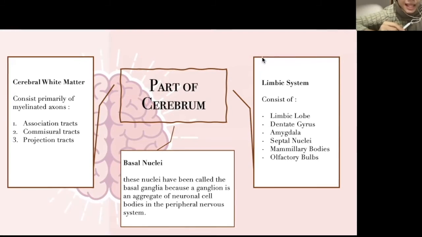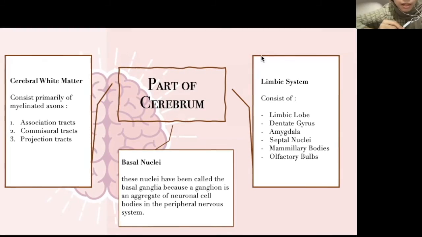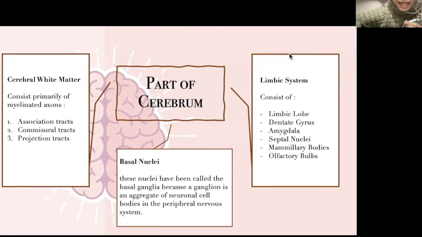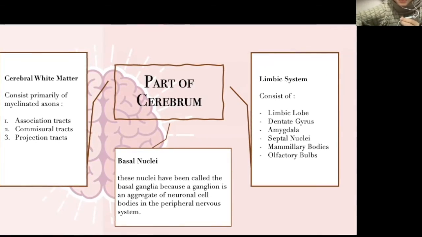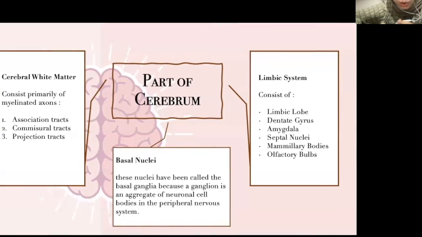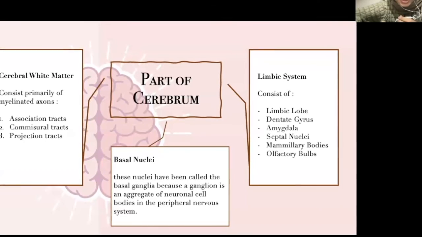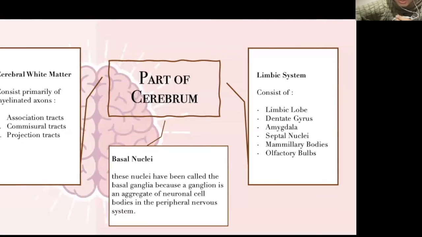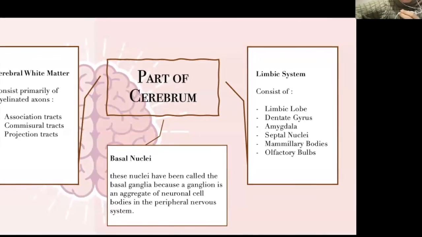The last one is the limbic system that consists of the limbic lobe, dentate gyrus, amygdala, septal nuclei, mammillary bodies, and olfactory bulbs. The amygdala is composed of several groups of neurons located close to the tail of the caudate nucleus, and septal nuclei are located within the septal area formed by the region under the corpus callosum.